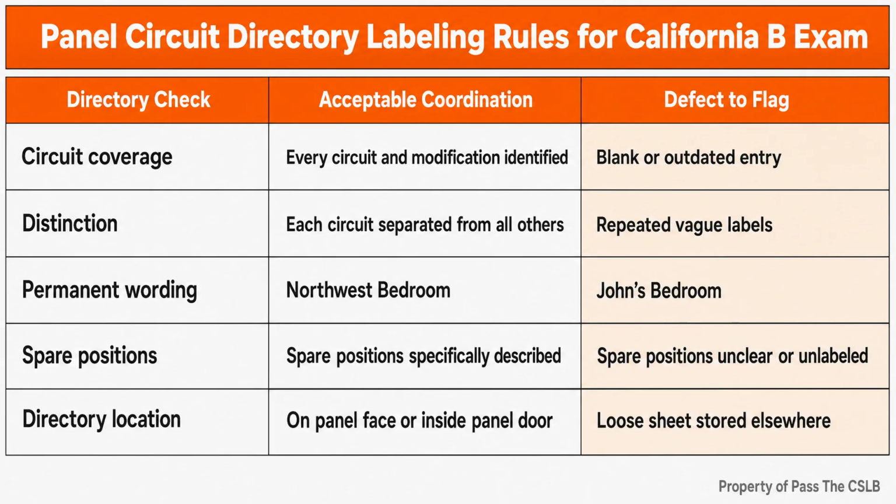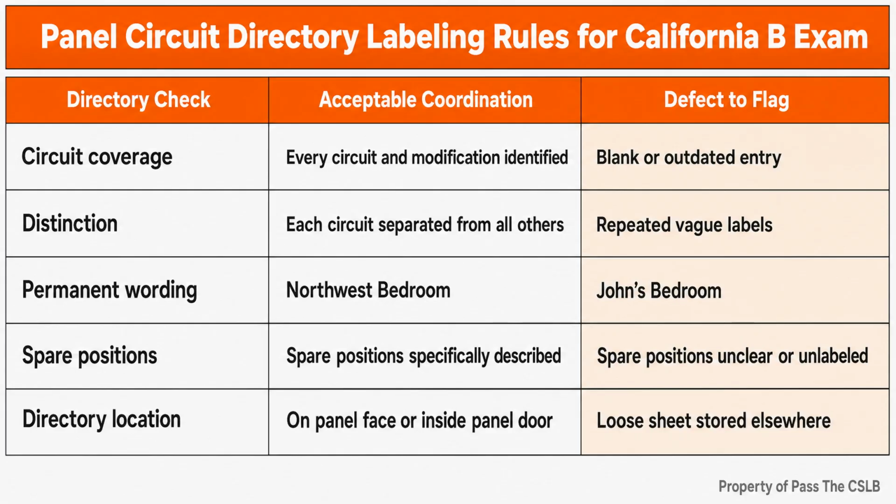A panel schedule is not decoration on the inside of a metal door. It is the operating map for the building circuits. The California Electrical Code requires every circuit and every circuit modification to be legibly identified by a clear, evident, and specific purpose. The identification has to distinguish that circuit from the others, and spare positions also have to be described with an approved degree of detail.